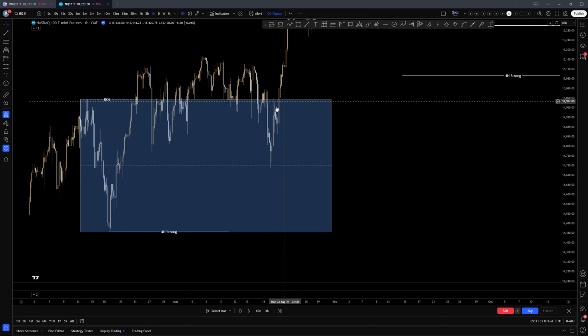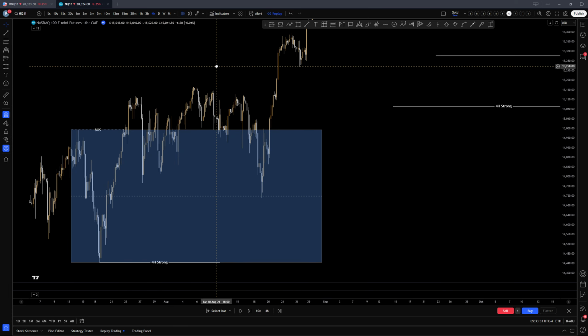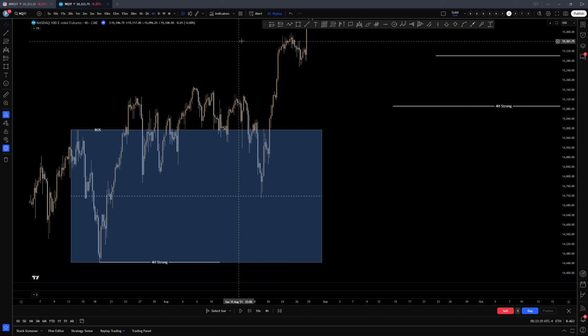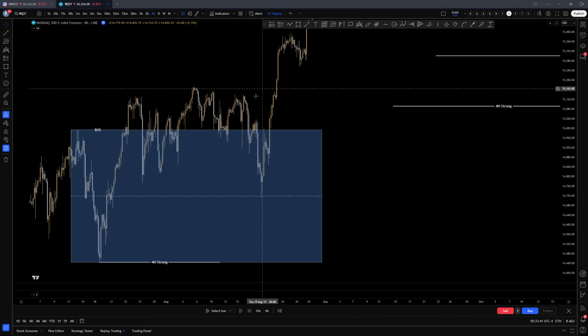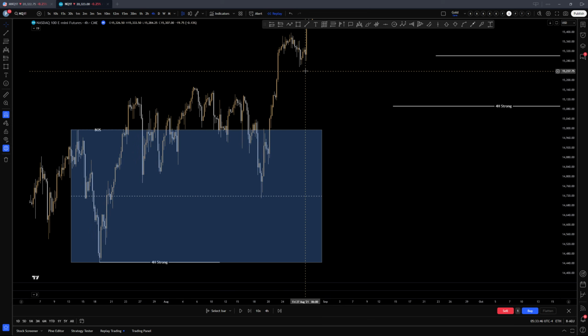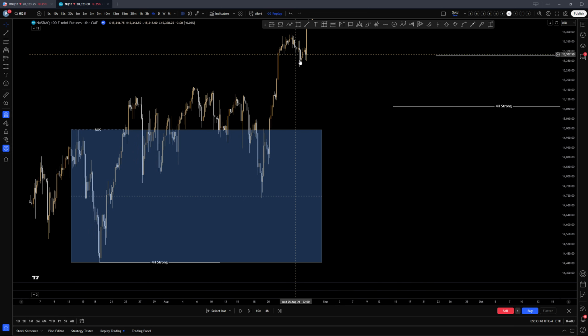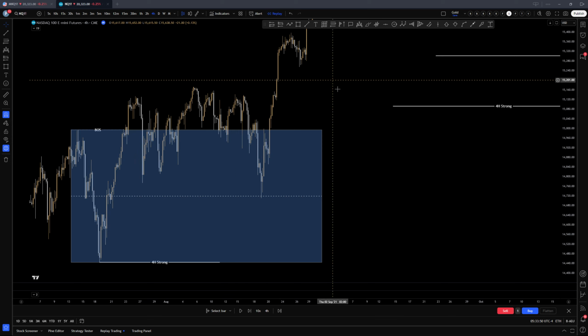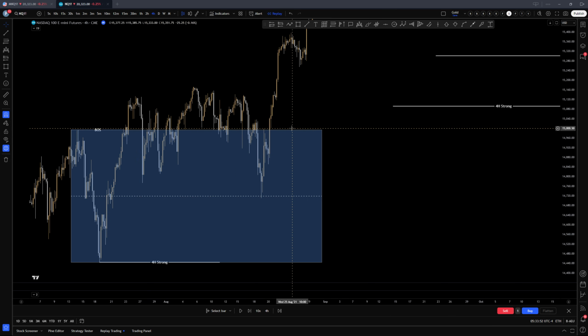Because if this just took off and went straight up from here, and we only got a tiny little pullback like this thing here, for example, is that a genuine, real pullback in the context of what we're looking at? I would call that internal structure. It's a very small move within the bigger moves. But we'll come on to that in a moment.